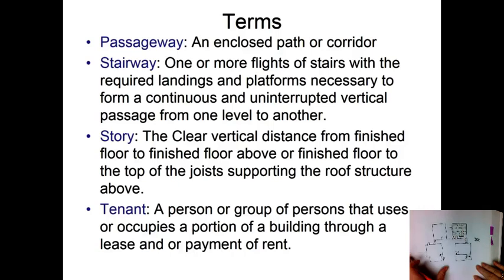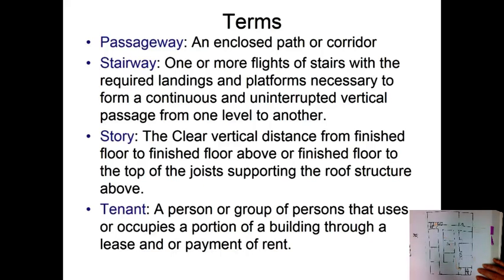So we're talking about a passageway to be able to get out of the building. Stairway, we know it's one or more flights of stairs required to have landings and platforms necessary to form a continuous and uninterrupted way of vertical passage from one level to another.